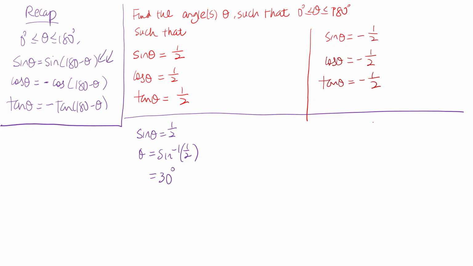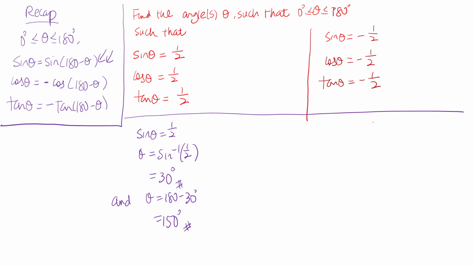It's possible in the first quadrant, which is 30 degrees. It's also possible in the second quadrant. So theta equals 30 and also theta equals 180 minus 30, 150. So there are two possible values for sine theta equals half. It can be 30 degrees or 150 degrees.